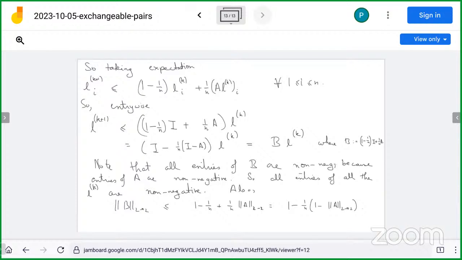So if A is a contraction, B is also a contraction. Our whole result only makes sense under this assumption, and in that case this is also strictly less than one.